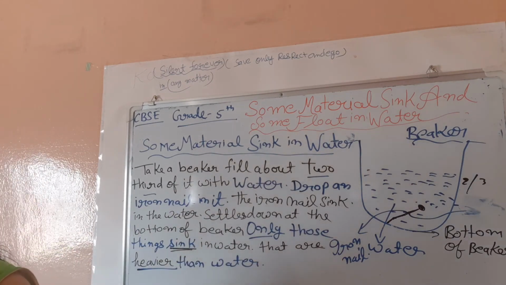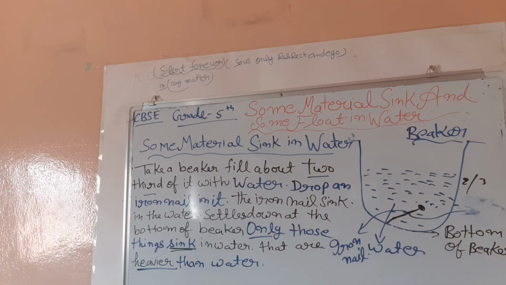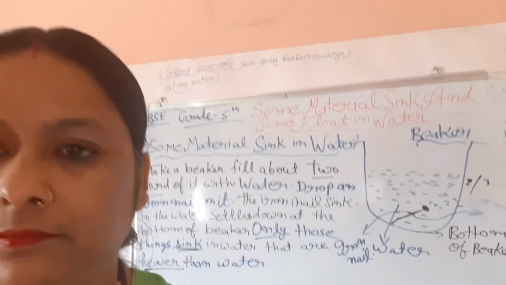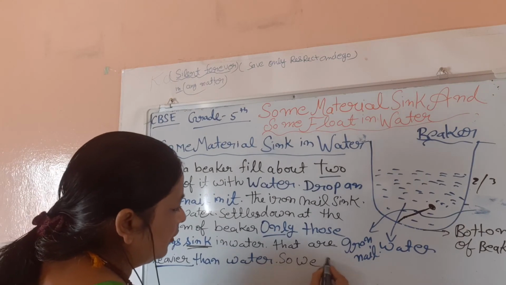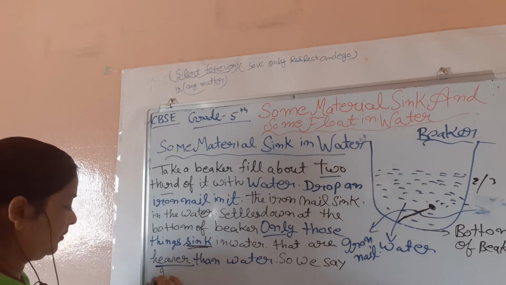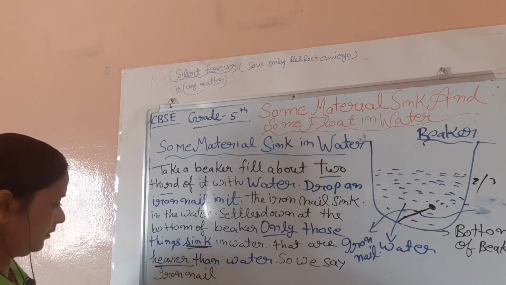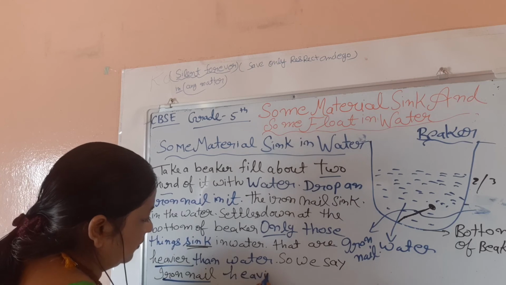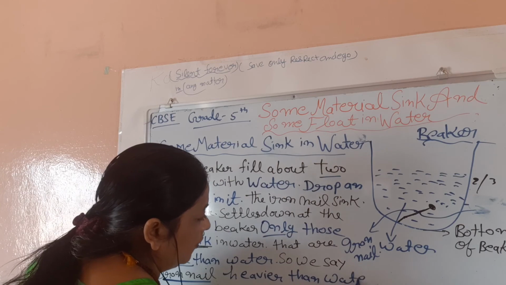So we say that iron is heavier than water. So we can prove here that the iron nail is heavier than water.